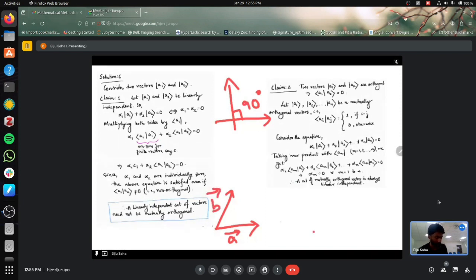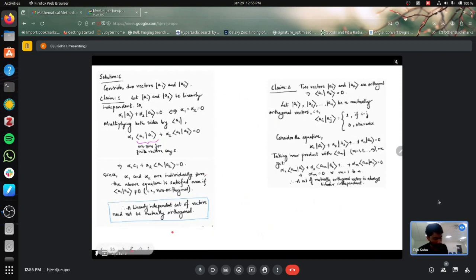You could not explain one vector in terms of the other. That was never possible. So they are linearly independent, but they are not mutually orthogonal, because this angle is not 90 degrees. Had it been a square, the angle could be 90 degrees and they would keep staying linearly independent. So it is not necessary that they have to be orthogonal.